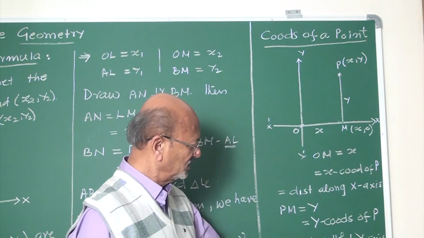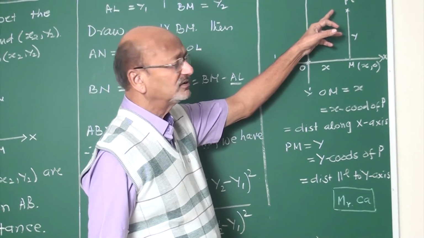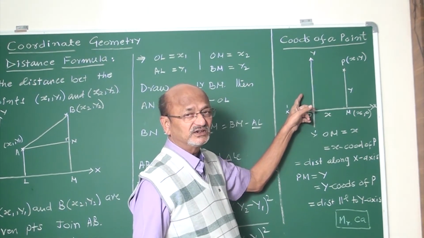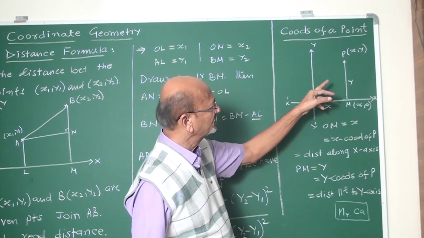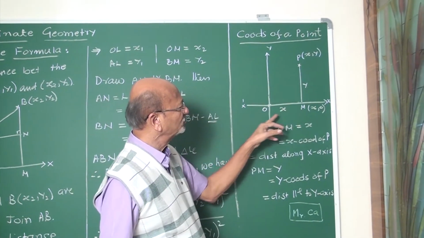Yes, my friends. What did Mr. K represent? A point, with the help of what? Two mutually perpendicular lines intersecting at the point O. This is how he represented it. Let P be any point in the xy plane.